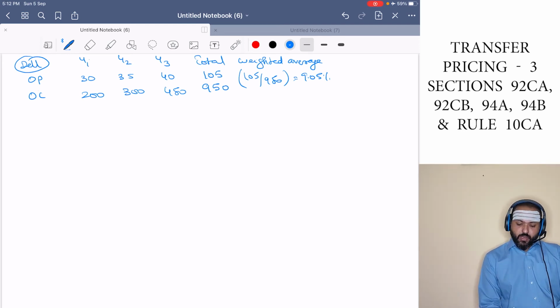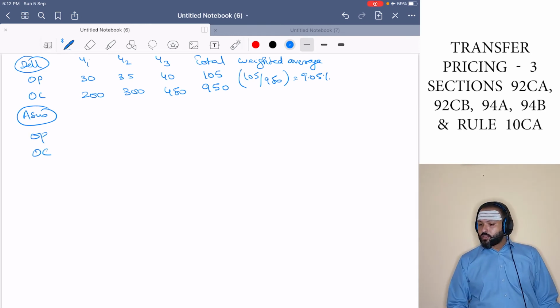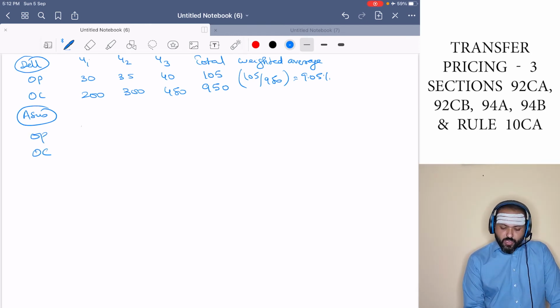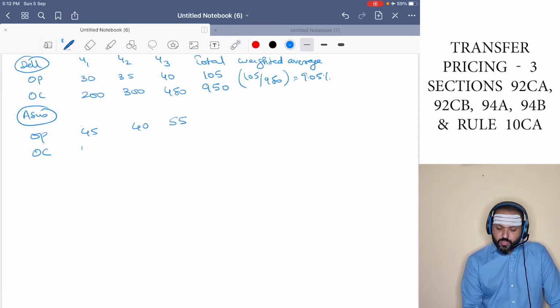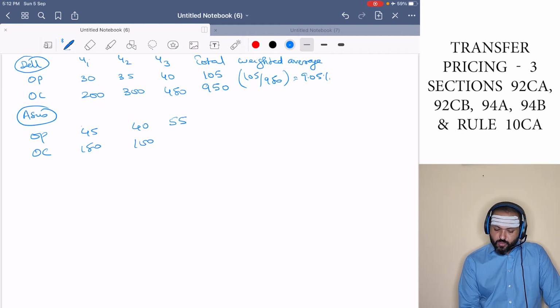Then the second comparable company is ASUS. Okay, again operating profit, operating cost. So what is the operating profit? 45, 40 and then 55. What is the operating cost? 150, 100 and 150.